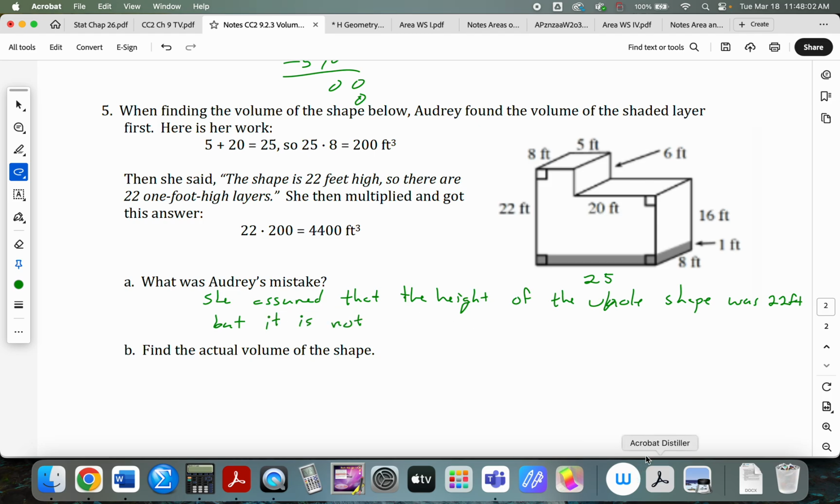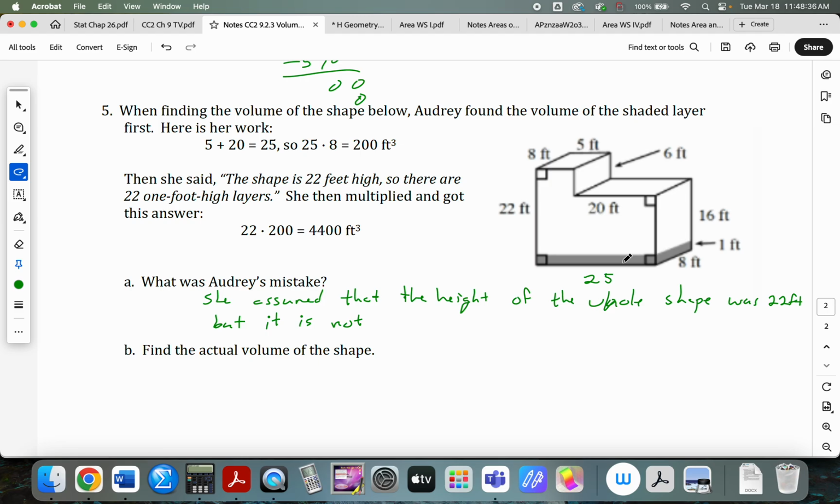Okay, now let's see if we can find the volume of the actual shape. There are a couple of ways you can do that. I'm going to do it the shortest way possible, or at least what I think is the shortest way possible. Instead of using what's on the bottom, because when I go up, the layers become different when I get high enough up, what if I used the side that is facing me and I did layers that way from front to back?